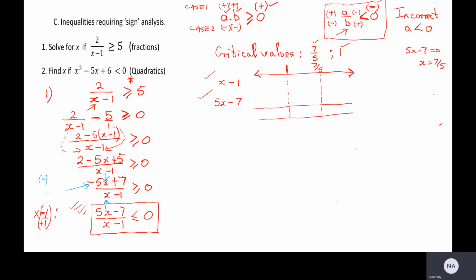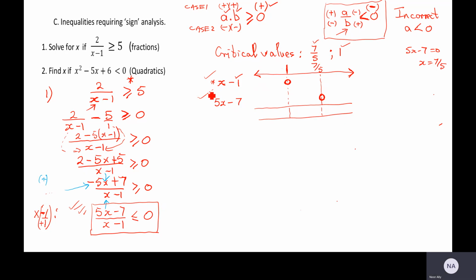So what I'm actually doing is creating yet another number line for x minus 1. Now, x minus 1, what makes it 0? 1. So I'll put a 0 there by the 1 for that x minus 1. For 5x minus 7, what value makes it 0? 7 over 5. So I'll put a 0 over there.